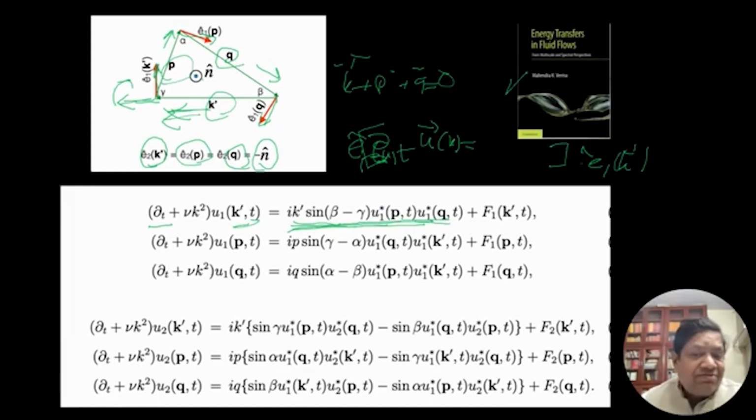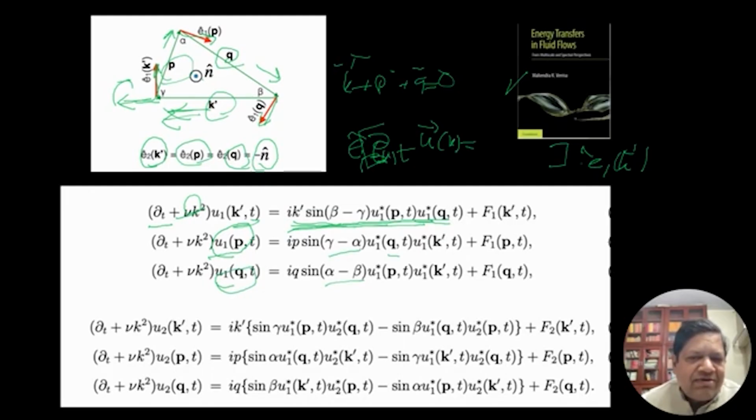Look, it looks nice. We don't have tensors, very complex expressions, pressure is gone, and that's it. The viscosity is sitting here. Similarly, we can write down the equation for U1p and U1q, and you can see it is symmetric: beta minus gamma, gamma minus alpha, alpha minus beta.